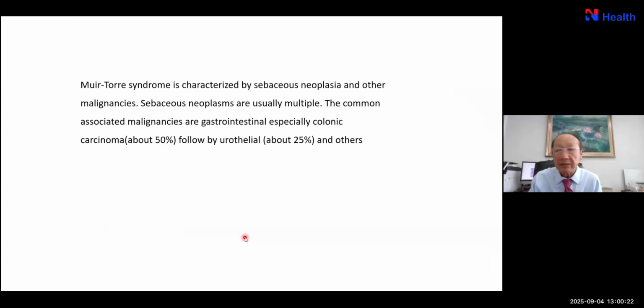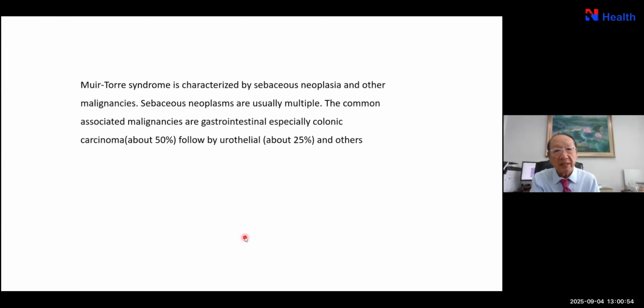There's one thing that is important in sebaceous neoplasm: in some patients that have multiple sebaceous neoplasms, that patient may be part of the so-called Muir-Torre syndrome. This syndrome comprises multiple sebaceous neoplasms plus malignancy, mostly internal malignancy.